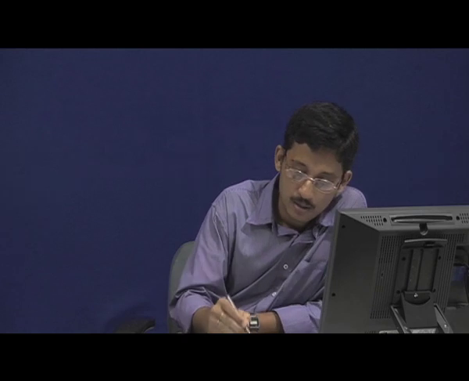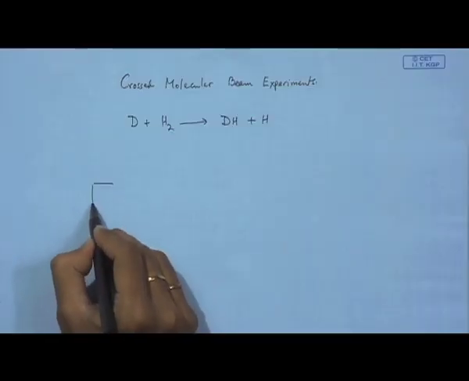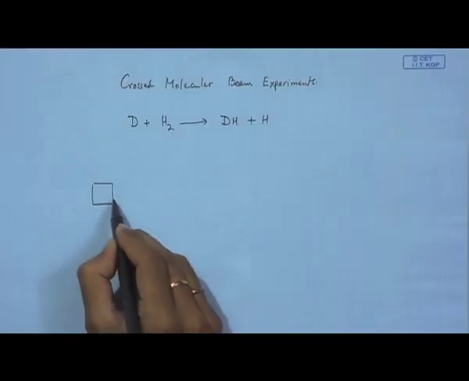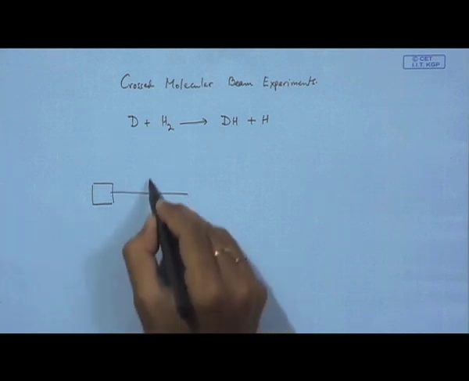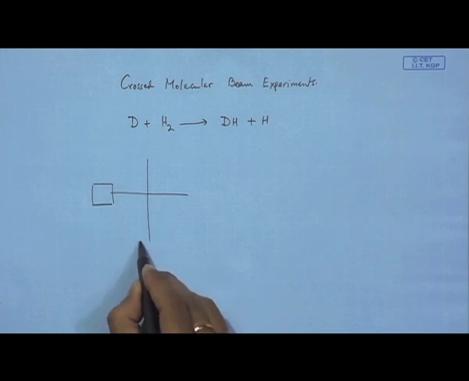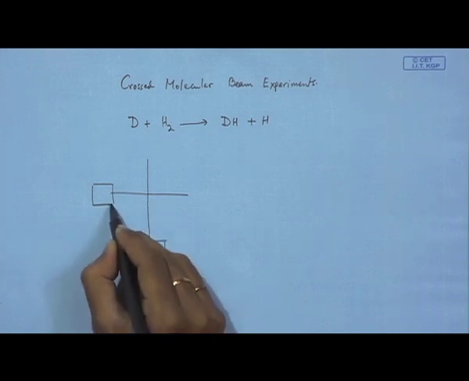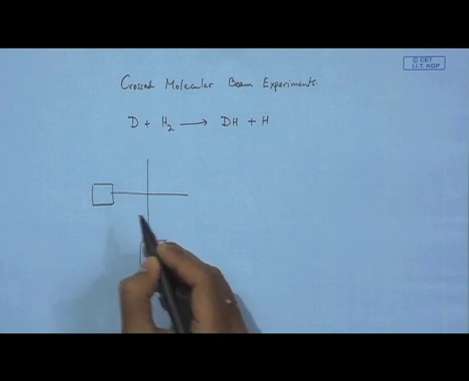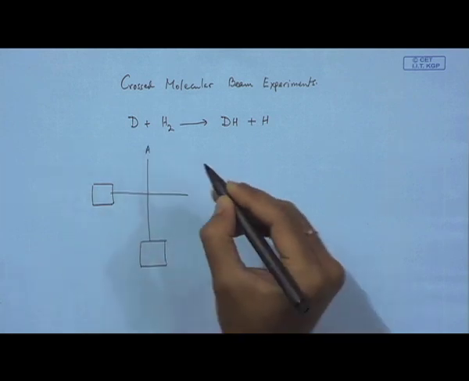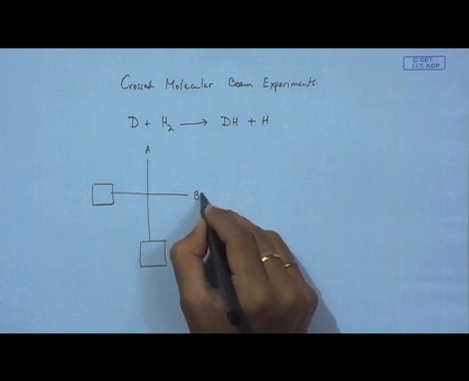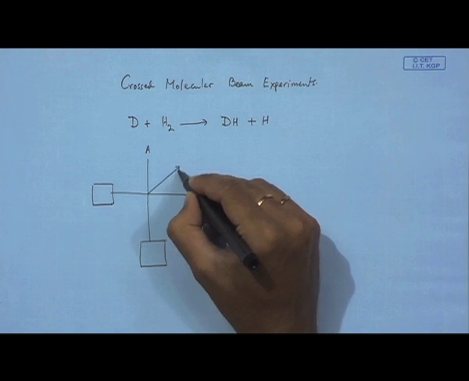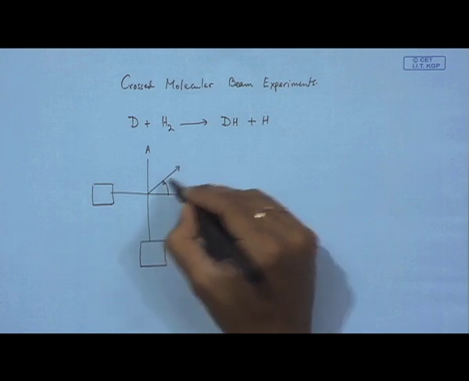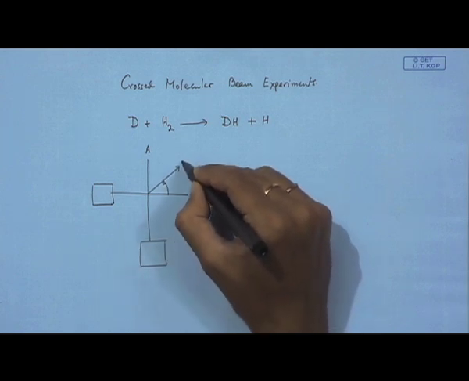So, this is one beam, this is another beam. This is A and this is BC, and this is the angle theta, the detector.